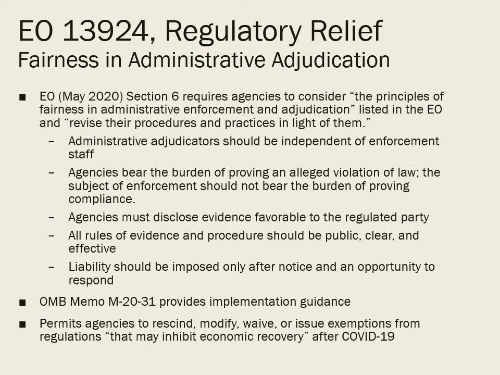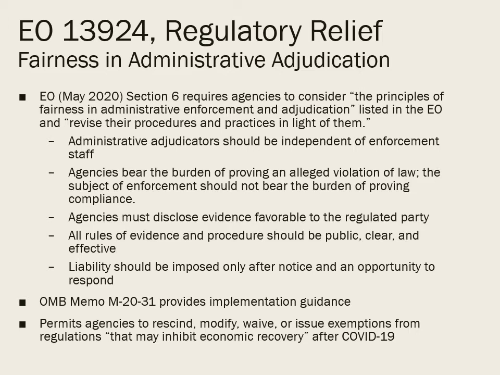The EO also requires fairness in administrative adjudications, and it provides a list of steps that agencies must take to ensure fairness. So some of those steps are that adjudication officials should be separate and independent from enforcement officials, that agencies should bear the burden of proving a regulated party violated a law, including a regulation, that agencies must disclose favorable evidence to a regulated party, that rules of evidence in agency hearings must be public and clear, etc. Now, to be fair, most agencies were doing those things anyway.